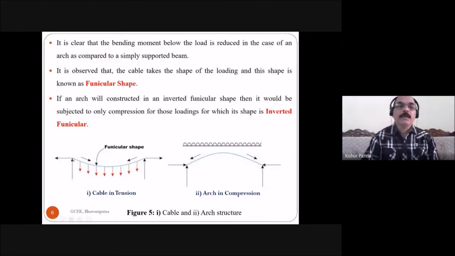In the case of cable, the shape is the funicular shape, but in the case of arch, the shape is inverted funicular shape. This is the difference between the arch and the cable: cable in tension and arch in compression. Always the arch is under compression and always the cable is under tension.